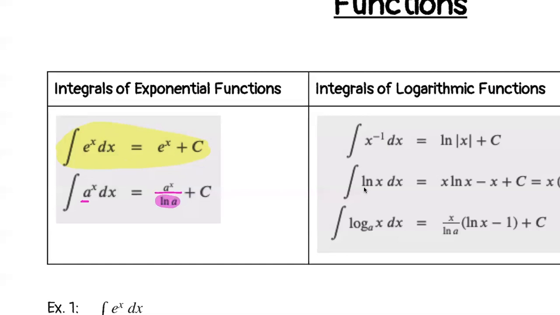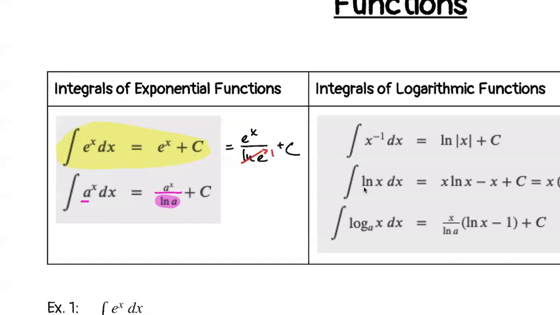Right. And so if we think about all the rules, sometimes people are like, well, why do we have so many different rules? I mean, the exponential one, the e to the x, is actually a very special case of the second one, because if we apply that second rule, we would get e to the x over natural log of e plus c. And one of the nice numbers to know is that the natural log of e is actually 1.